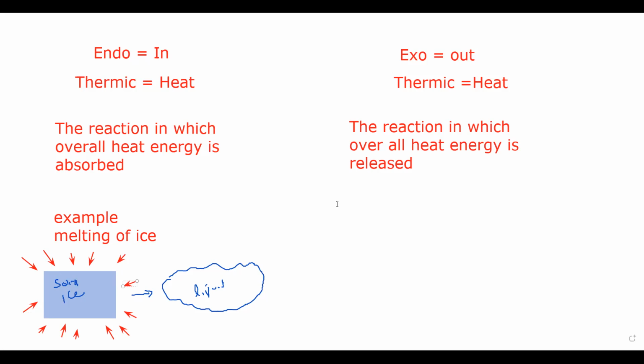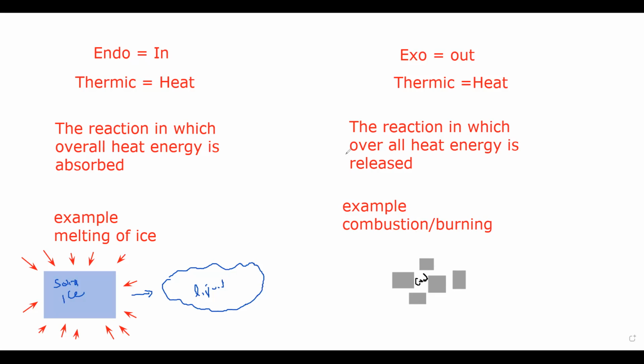But when you burn something, for example combustion or burning, when a combustion reaction takes place, you have a sample of coal, and when you burn the coal, there is a chemical reaction.